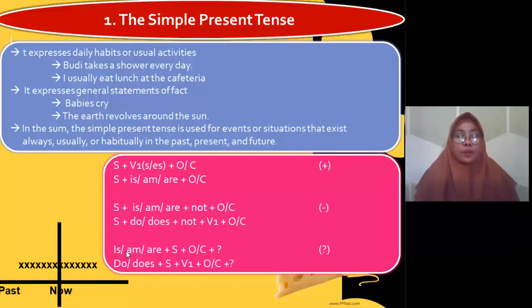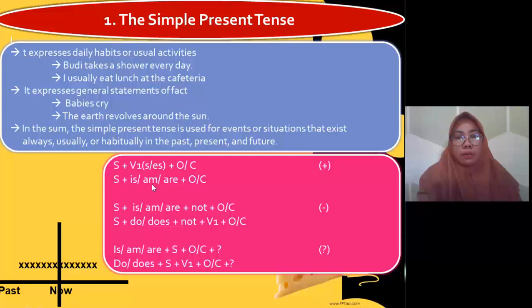So we can conclude that we can use the simple present tense for situations that exist always, usually, or habitually in present, past, or future time. And there is a rule, as I said later in the table, just remember for the verb in your sentence: if your sentence has a verb, you can use the verb plus s or es.